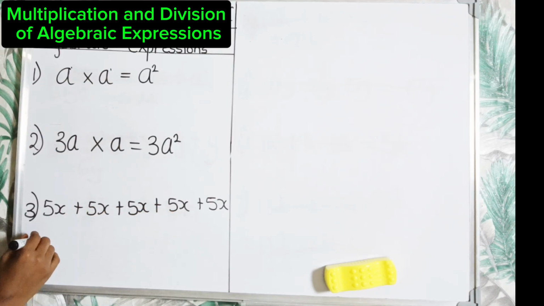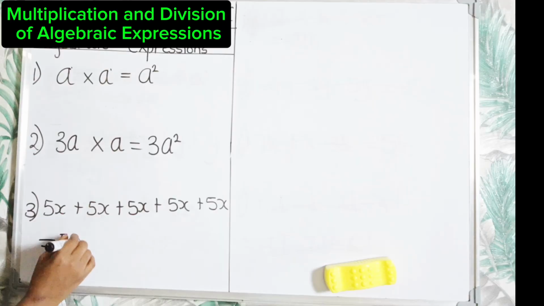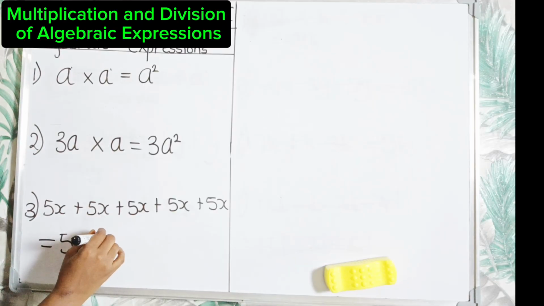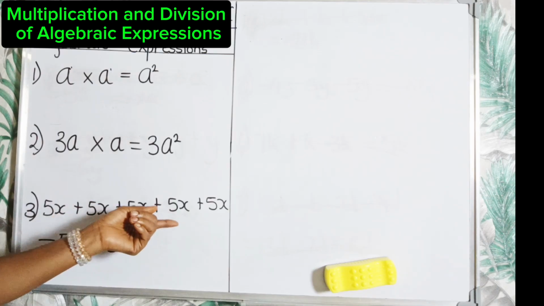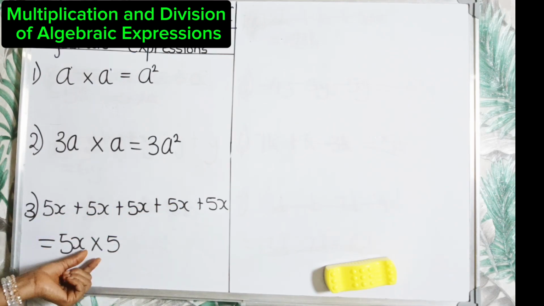This is the same thing as 5x times 5. So multiplication can be described as repeated addition.